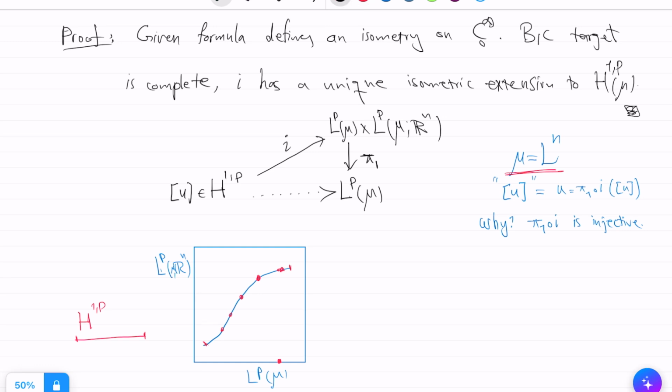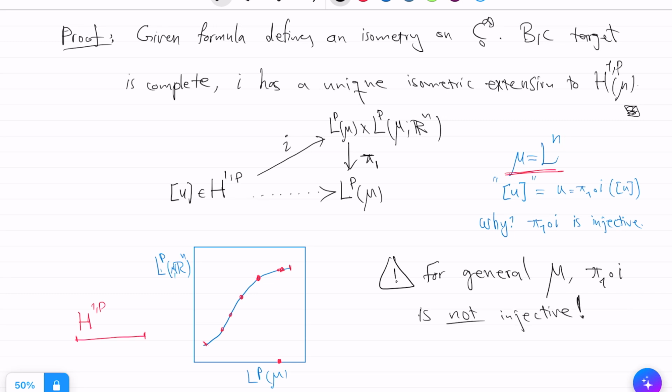So what is the big point? The big point is that for general mu, pi 1 composed with I is not injective.